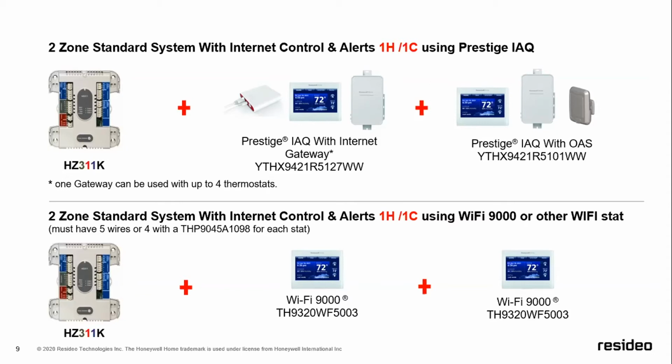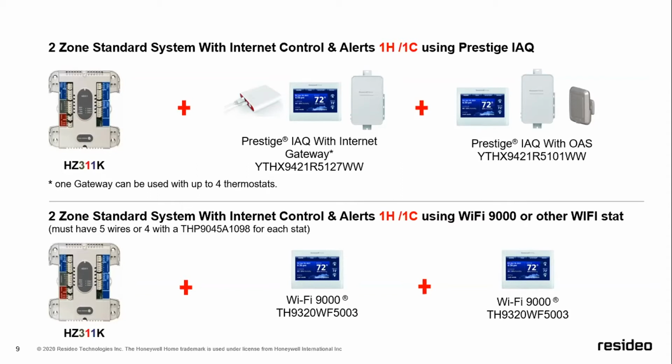So what we're trying to convey is that when you get the YTHX 9421R 5127 kit, it's going to have in it a RedLINK Internet Gateway along with the Color Prestige thermostat and the equipment interface module.